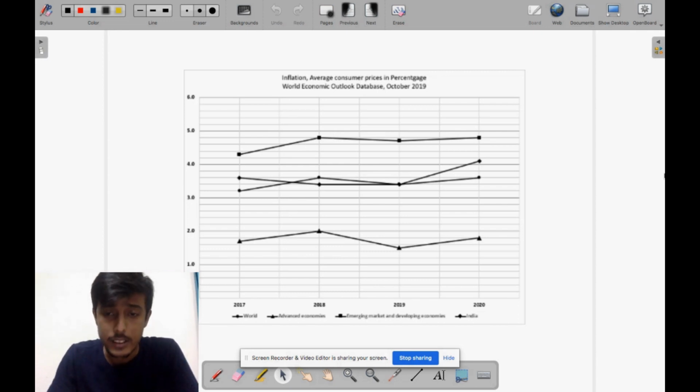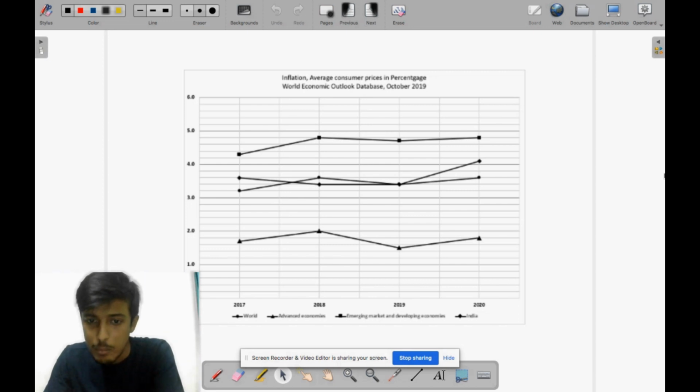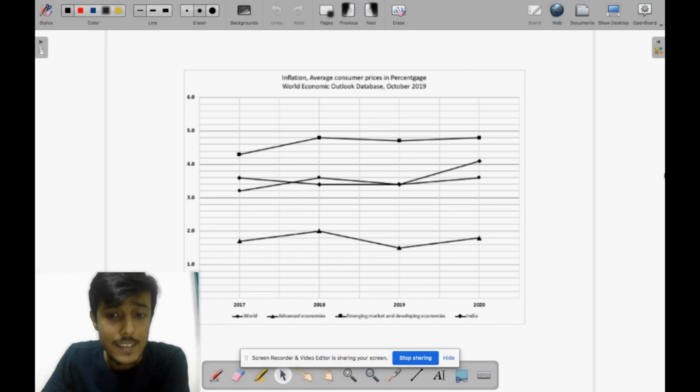As you can see here, we have 4 lines. The 4 lines denote a world line, an advanced economics line, an emerging market and developing economics line, and India. So we'll be focusing on this line. We'll be coming back and forth to this line, and we'll try to answer all the questions.